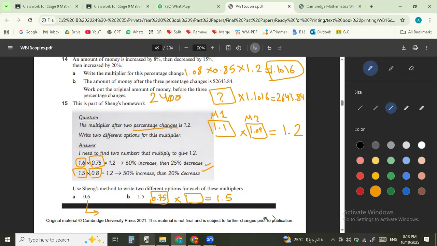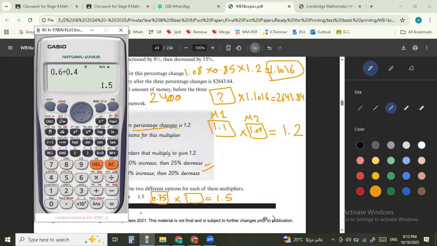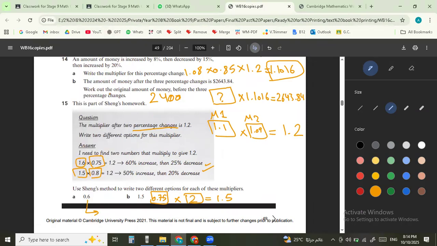Then I need to divide to see the other number. Mister, where did you get the 0.75 from? My imagination. Imagine any number that comes to your mind. 1.5 divided by 0.75 equals 2 again. So here, this means decrease of 25%, increase of 100%.